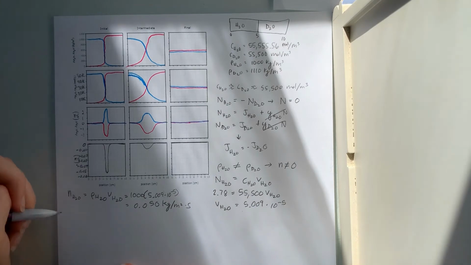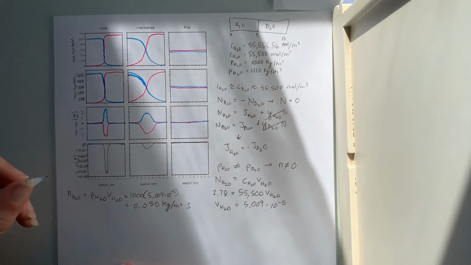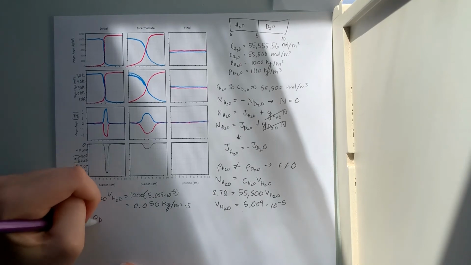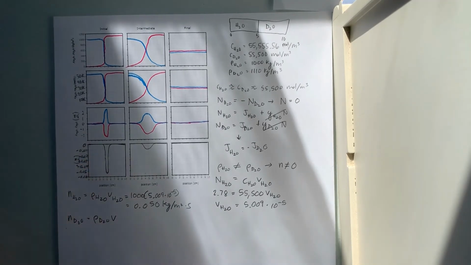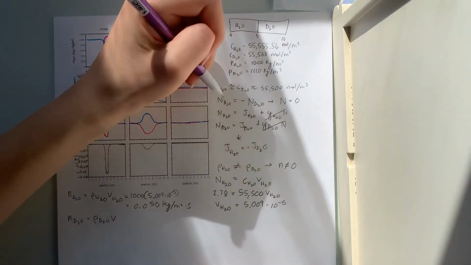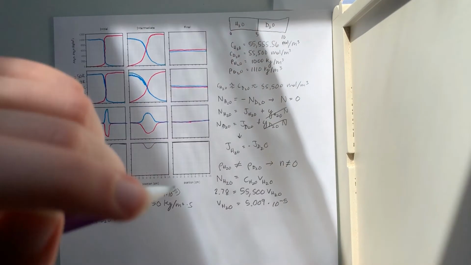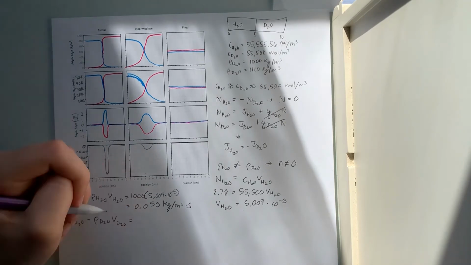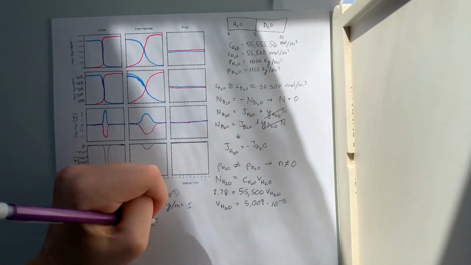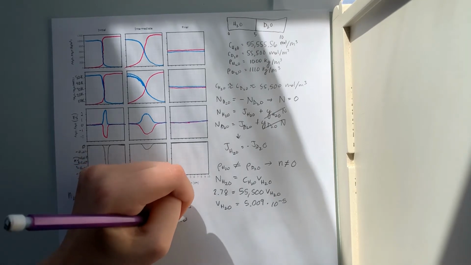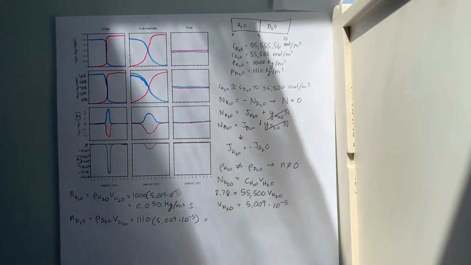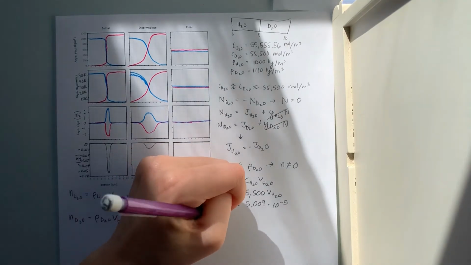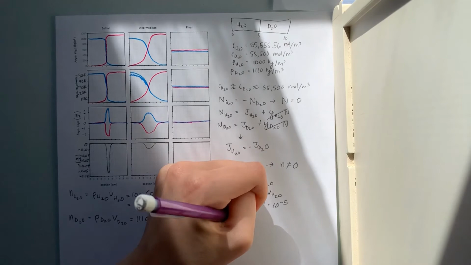We can then use this velocity to also calculate the mass flux of D2O, because since the molar fluxes are equal and opposite, they'll also have equal and opposite velocities. So the mass flux of D2O will be 0.0556.